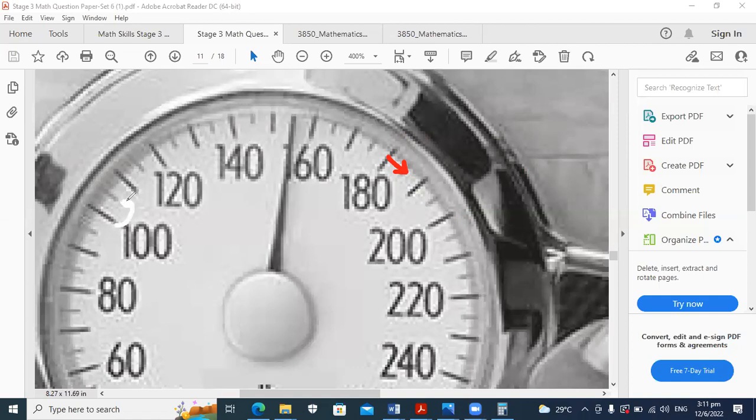Then 110, 115, then 120. This is 140. So you add 5 to that, you get 145. Add 5 to that, you get 150. So therefore, right here it must be 155.